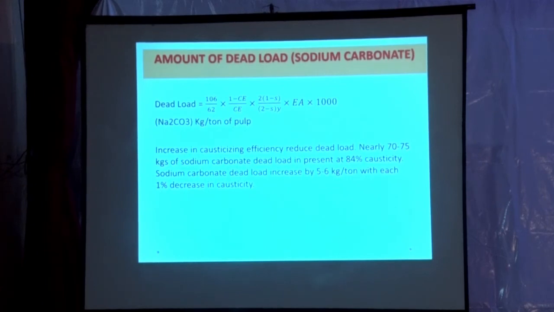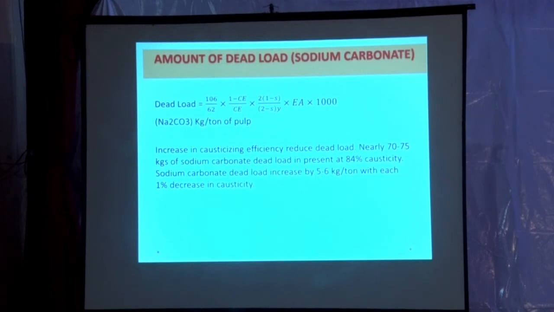Nearly 70 to 75 kg of sodium carbonate is present at 84% causticity, where we are cooking wood at 16 to 17% effective alkali. So 70 to 75 kg, you can say 7% of the pulp you are yielding, 7% waste you are generating as carbonate.